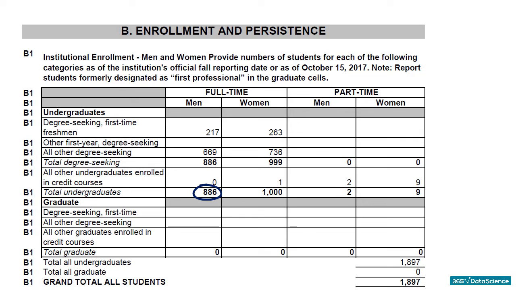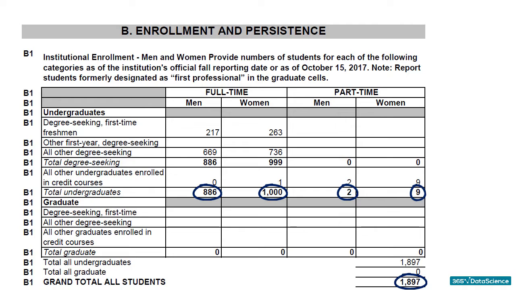Additionally, we have 886 plus 2, or 888 male students attending the college. Below the table, we are provided with the total number of enrolled students, which is 1,897. Since there are 1,009 women and 888 men, they combine to complete the sample space.